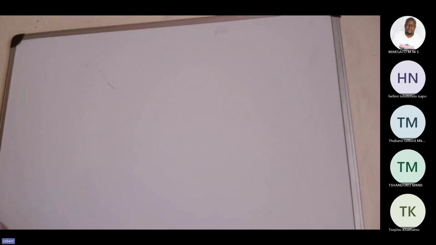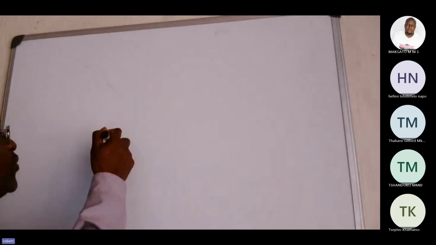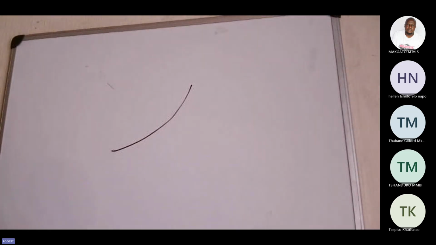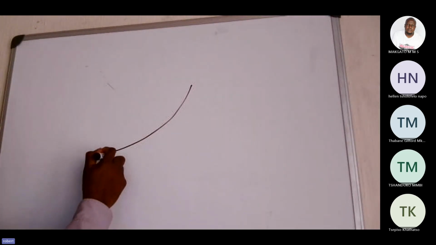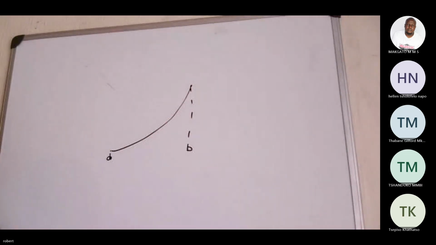In street language, we will say a function is continuous if when you are sketching its graph, you don't lift your pen anywhere. If I don't lift my pen anywhere, you can see here. Let's say I'm sketching it from A, this is A, and this is B. Then this function is continuous.